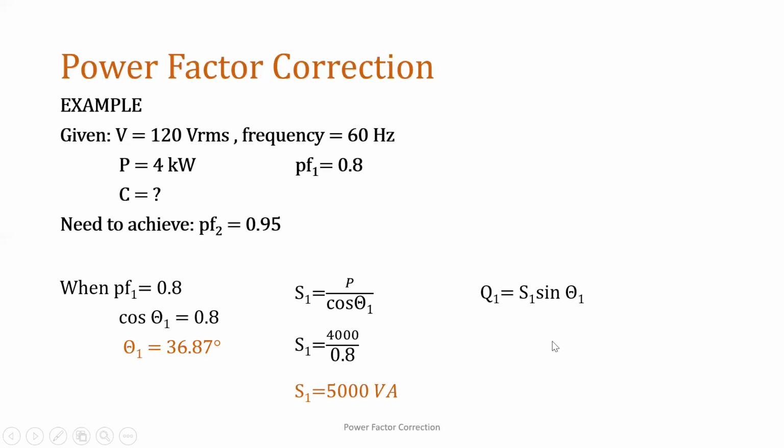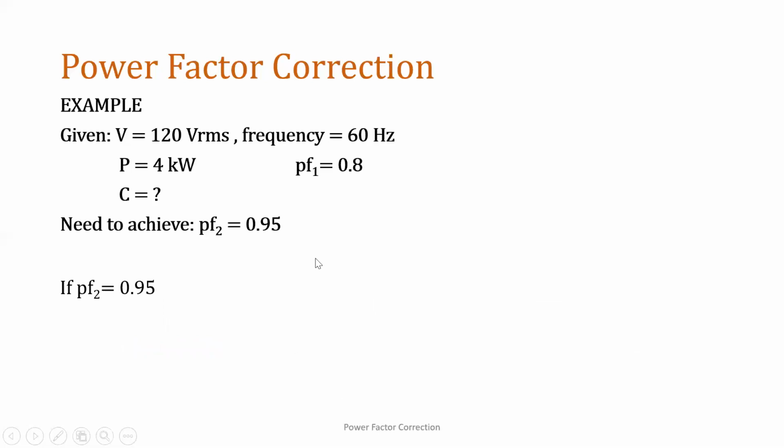And let's solve for the reactive power. It is apparent power times sine theta. So we have 5,000 multiplied by sine 36.87 degrees. So our reactive power is 3,000 vars. Now, what will happen if our power factor is 0.95? Let's solve for the angle.